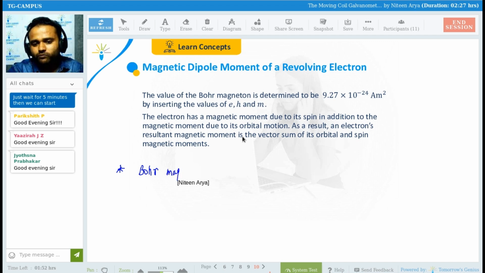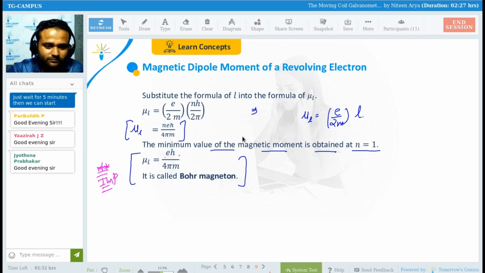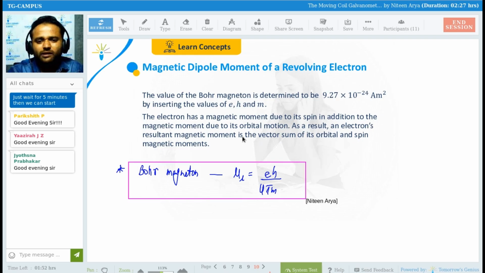Bohr magneton, which is mu L equals e h upon 4 pi m, if I'm not wrong. As we know, everything is constant in this formula, so we can write the number, the proper value assigned to this.